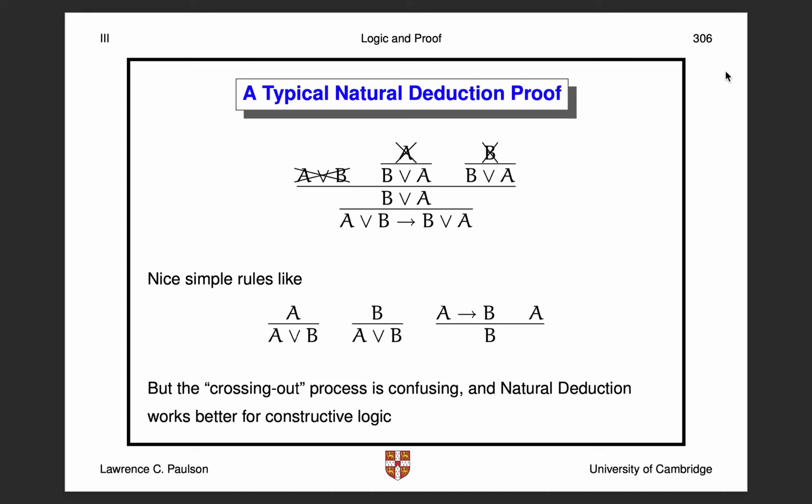There are some advantages to natural deduction. So here I'm presenting a few more of the rules just for you to see what they look like. So here are some introduction rules for disjunction, followed by the modus ponens rule, which we have seen already. It's also part of natural deduction.